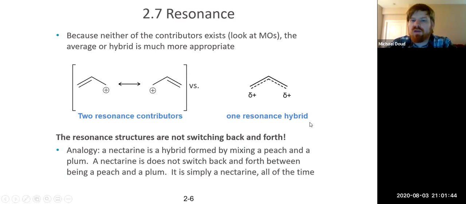Again, the way that you want to think about this is that these aren't switching back and forth. In fact, the electrons just occupy the bonding molecular orbital. They're just there, or in the case of the non-bonding molecular orbital, they're not there. So the analogy here, this is a good analogy, a fruit analogy. The nectarine is half peach and half plum. Actually, I'm not sure about that. I'm going to look that up.